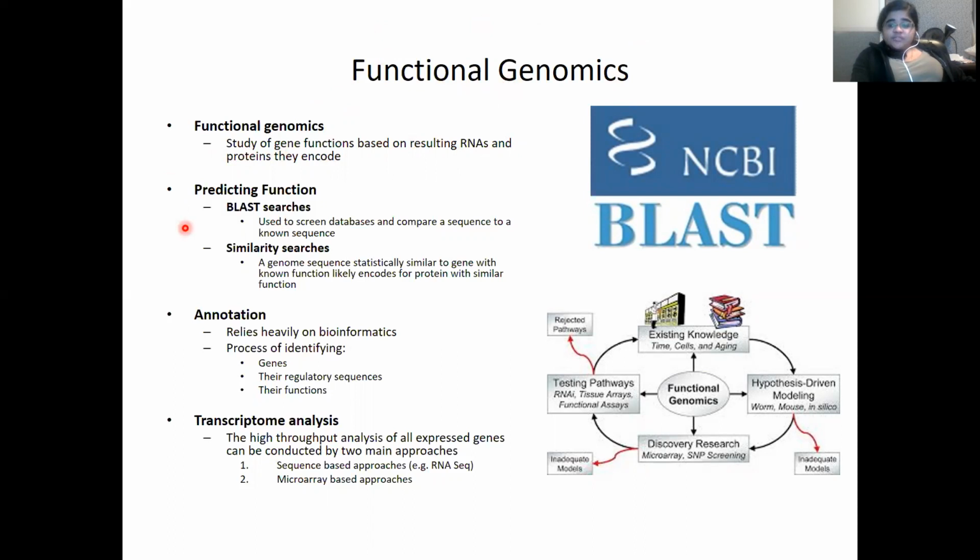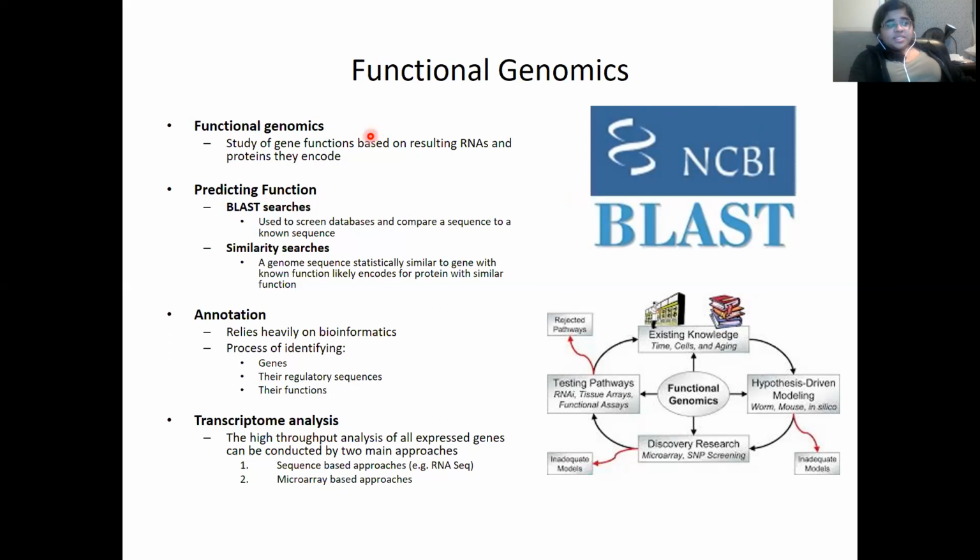We can predict functions using different BLAST searches. BLAST is essentially a tool that searches databases containing a lot of genomes and genomic data and sequences. So through a BLAST search, we can use NCBI.